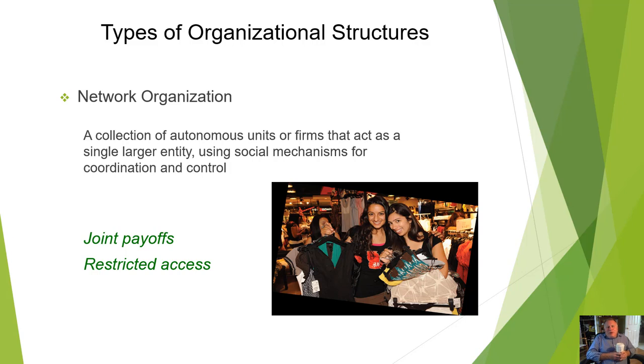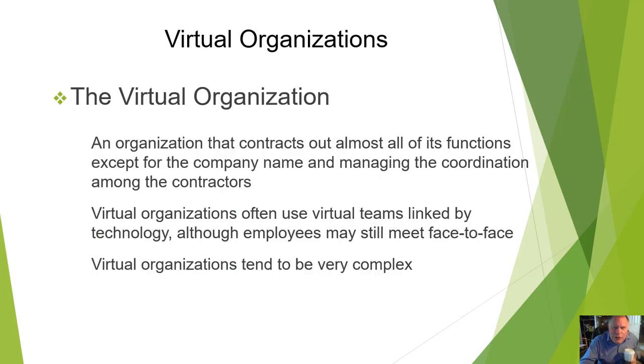This is an interesting one, a network organization, which is just autonomous units or firms that act together. Social mechanism for coordination, control, joint ventures. It's an interesting type of organization. And then there is the virtual organization. This is interesting again, and I think it's evolving even more so today and will continue.